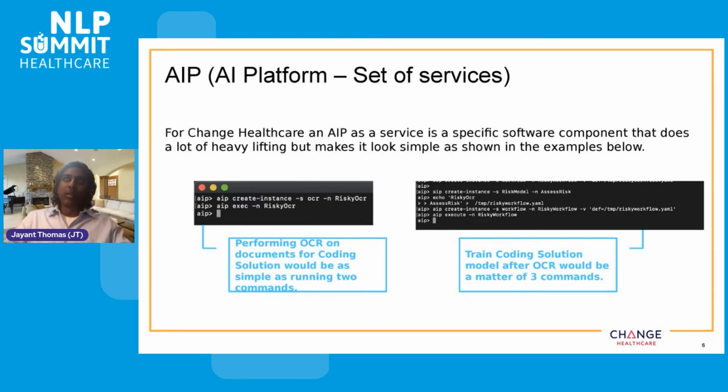Then I'm wiring that up with the training service with the YAML file for the workflow. I'm just saying, hey, this YAML file has the first step to do OCR, and the second step is to do the training. So it does it very elegantly, and you can kick it off in three lines of code. So that's the beauty of the service.